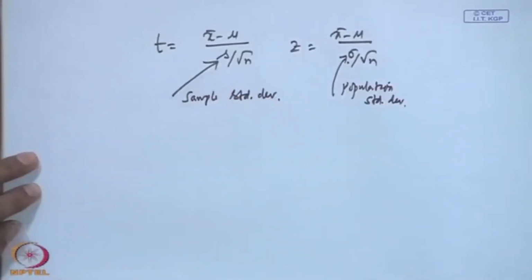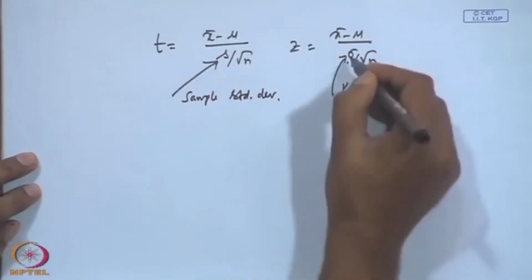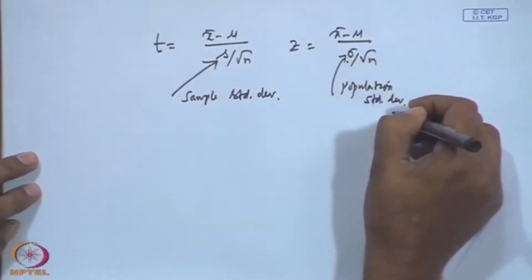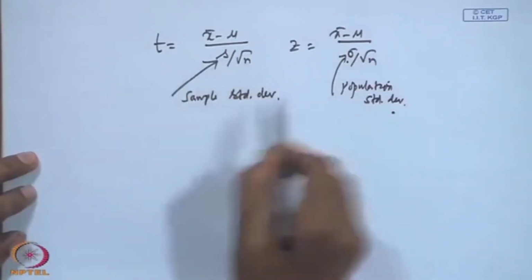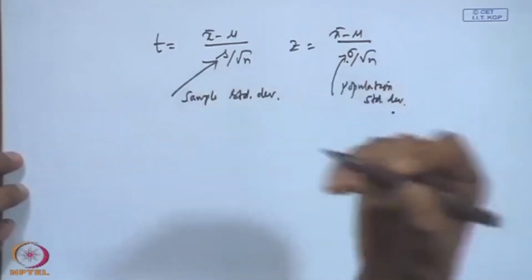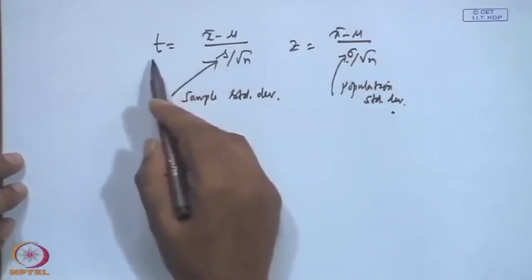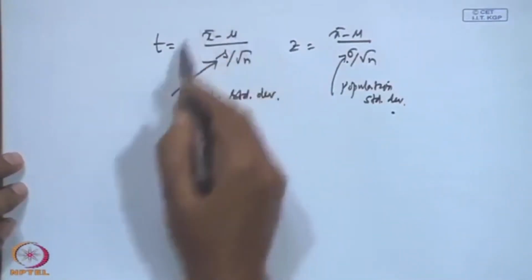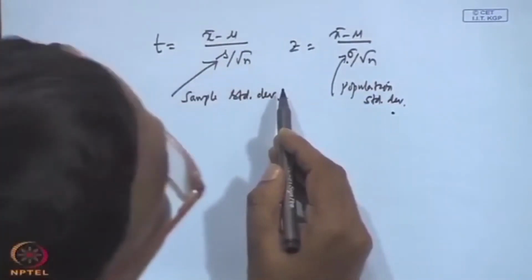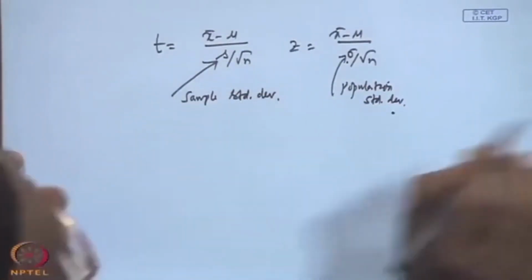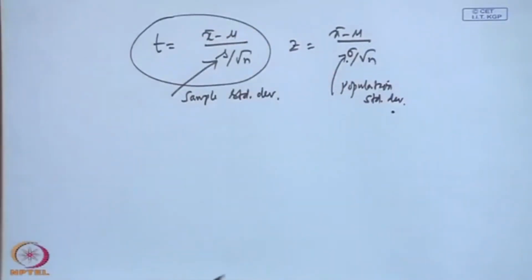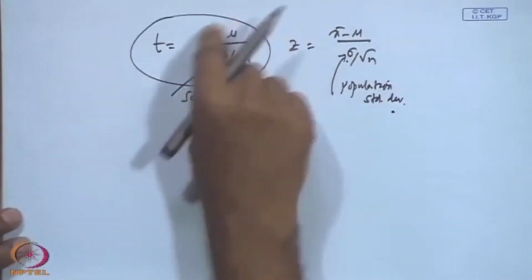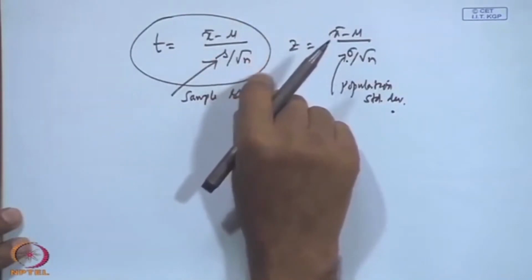So, S is a random variable, but sigma is a constant. Depending on the situation, there are different conditions. If the sample size is very large, then this quantity can be unit normal also, but the most general case is that this quantity is T. Why? Because this quantity follows the T distribution.